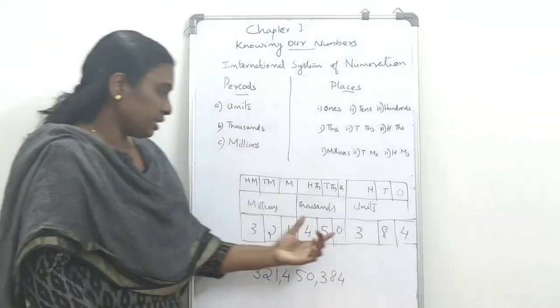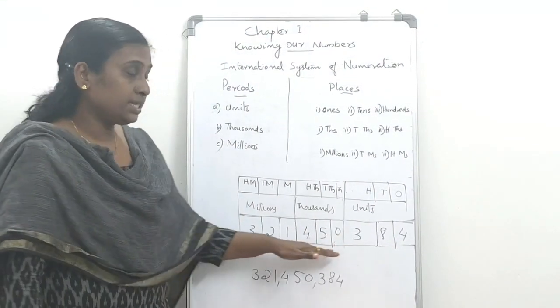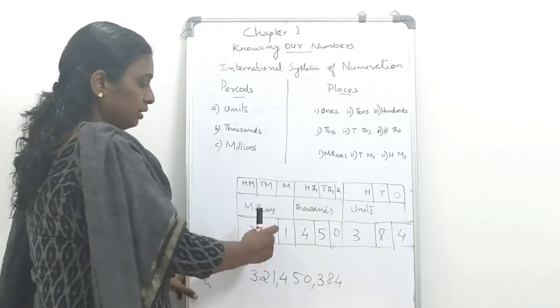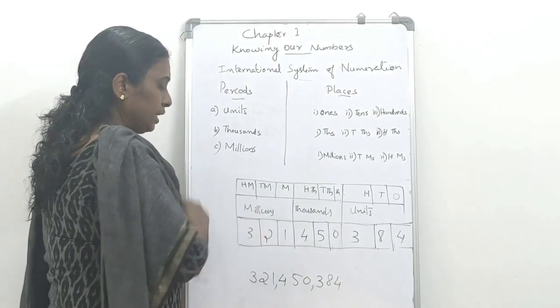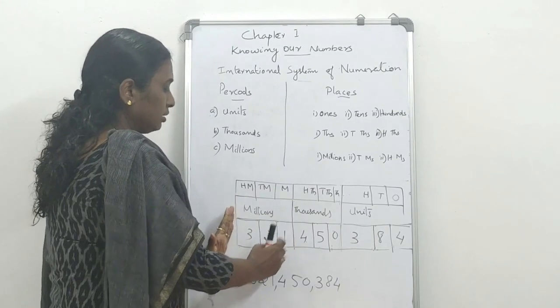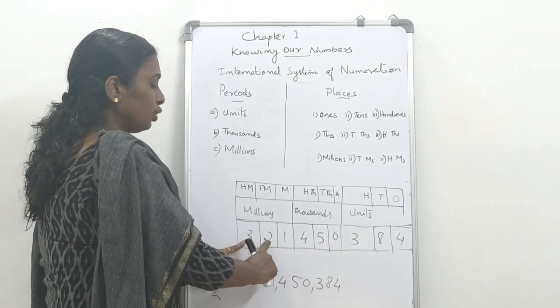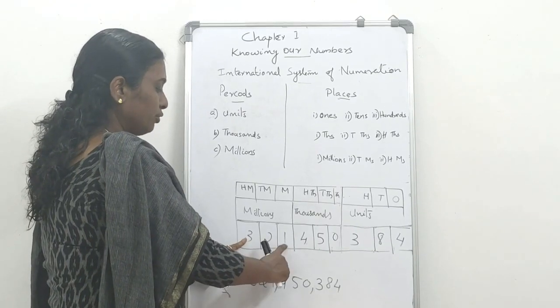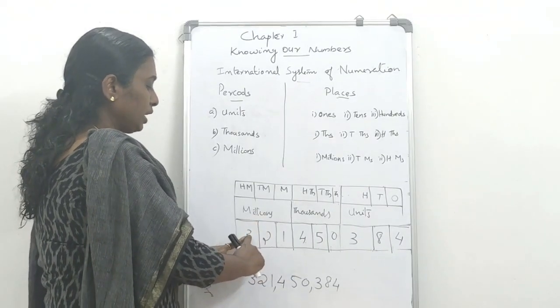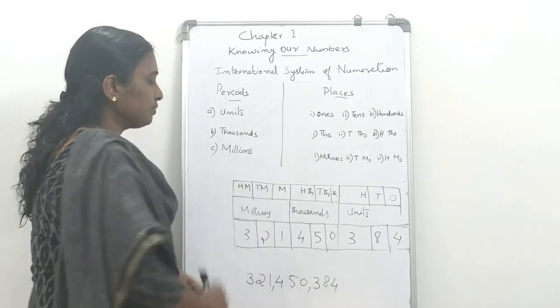How can we read this number? The numbers in periods are read as the number followed by the period's name. In the millions period, the number is 321. This number followed by the period's name. Therefore, 321 millions.